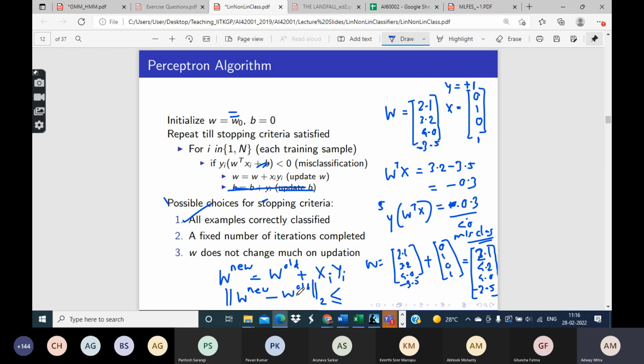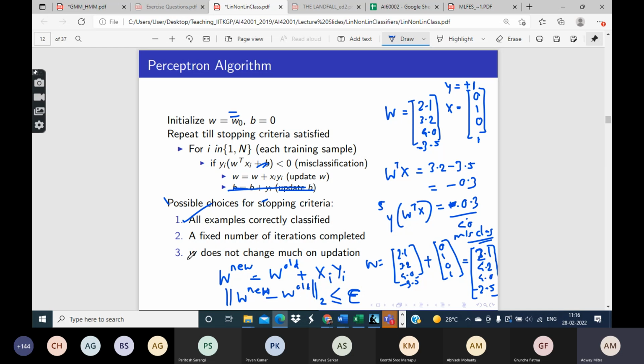These are both d+1 dimensional vectors, and if we have two vectors, we can take their difference and then take the norm of it. If that norm is less than some threshold, it basically means that those two vectors are very close to each other.